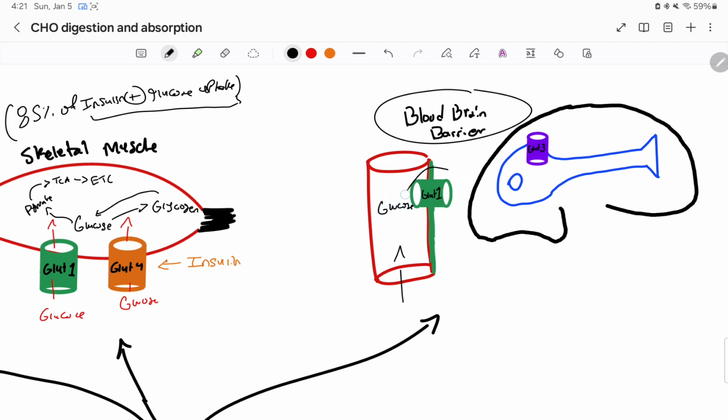Now, in the blood-brain barrier, there's going to be a GLUT1 transporter, and the glucose will go through there. And it makes its way into the brain. Once in the brain, in order to get into the neurons that are in the brain, it has to go through a specific transporter called GLUT3. Okay, and then the glucose will then be used for an energy source here. As a matter of fact, the neurons in the brain actually create very little lactate, and they have a high aerobic capacity.